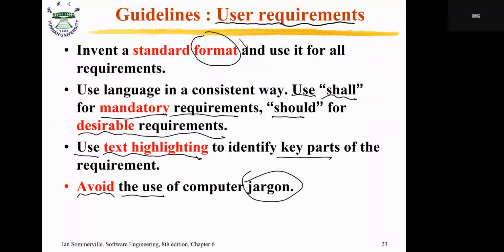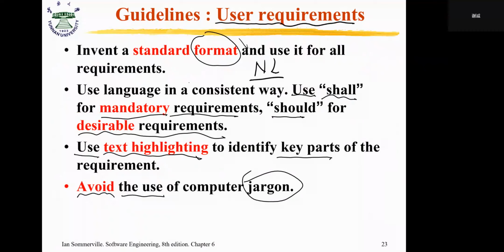Normally, we only need to use natural language to describe the user requirement, because this user requirement mainly for the end user to read. So it is good to use natural language because the end user do not understand the professional term. So for writing the user requirement, you are suggested to use a normal natural language.